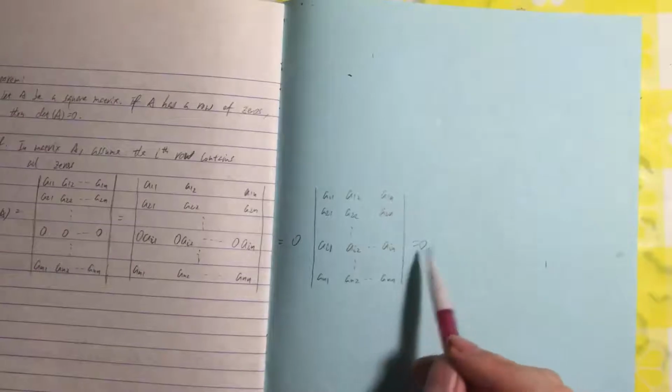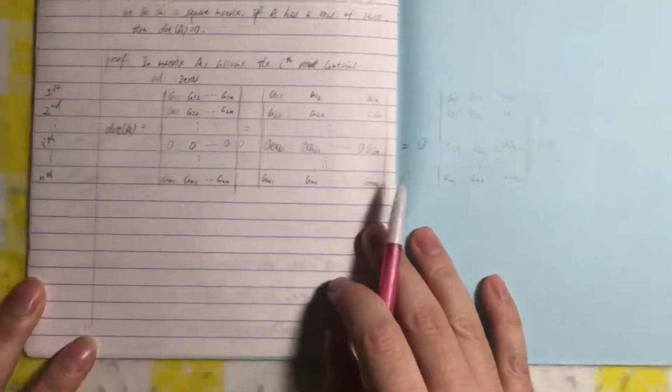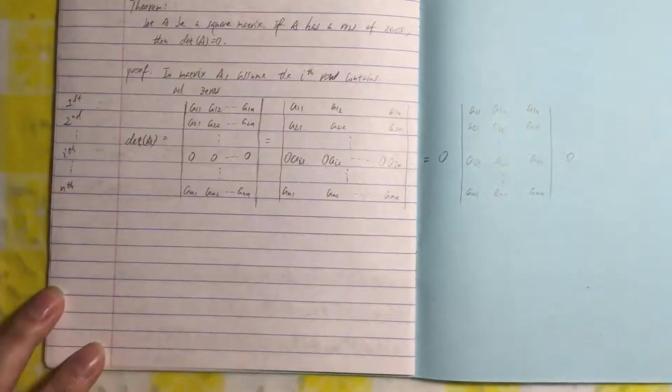And we know that 0 times everything is 0. So the determinant of A equals 0. If A has a row of 0, the determinant of A equals 0. That's the proof for this theorem.